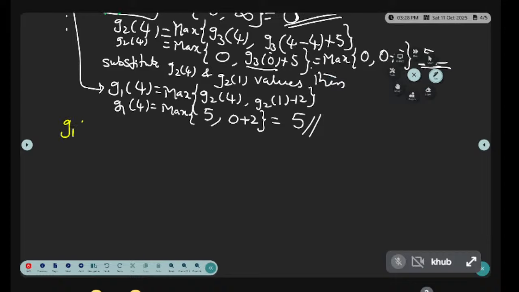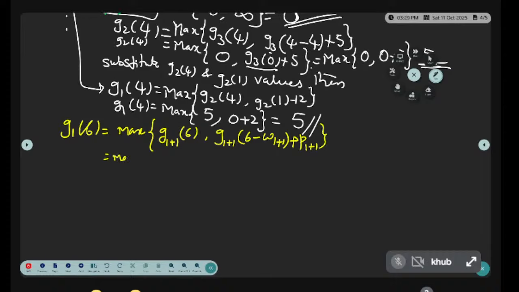So G1 of 6 is equal to the maximum of. Now write the formula: Gi of M is equal to the maximum of Gi+1 of M, comma Gi+1 of M minus Wi+1 plus Pi+1.